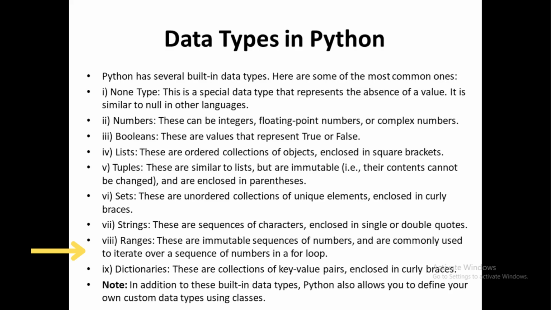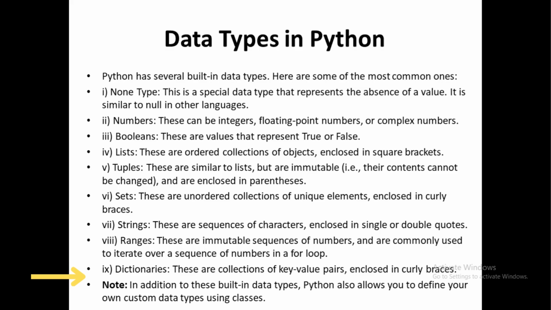And then ranges. Ranges are immutable sequences of numbers, commonly used to iterate over a sequence of numbers in a for loop.